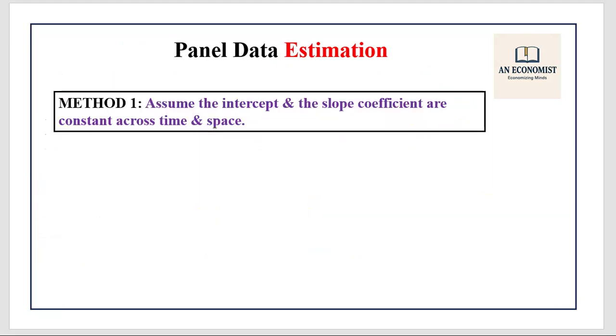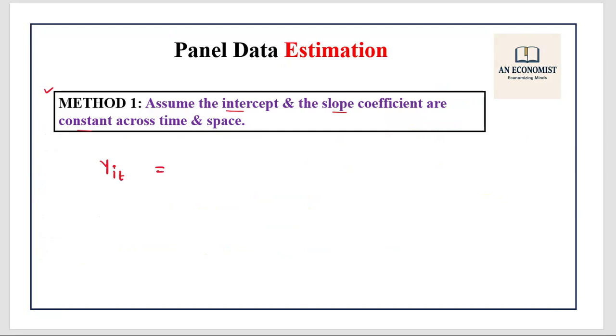And now let us see how you actually do this. We'll start with method 1, where we assume both the intercept and the slope coefficients are constant. So what will be the model here? The model will look like this. Y_it, here you will have two suffixes. One is for the cross-sectional unit, which is denoted as i, and one is for the time period, which is denoted as t.